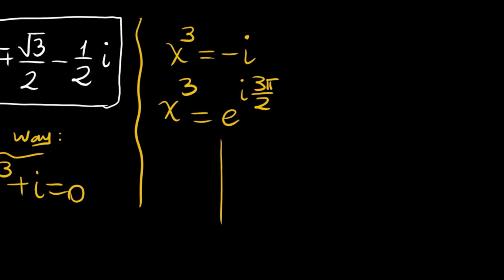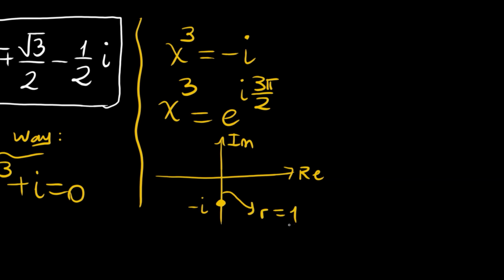Let me show you. Negative i stands here in the imaginary axis. We have real and imaginary axes. The length r here is 1, and the positive principal angle theta is 3 pi over 2.